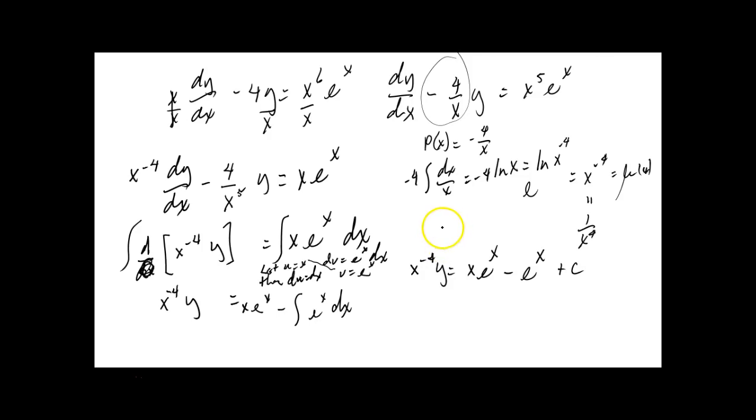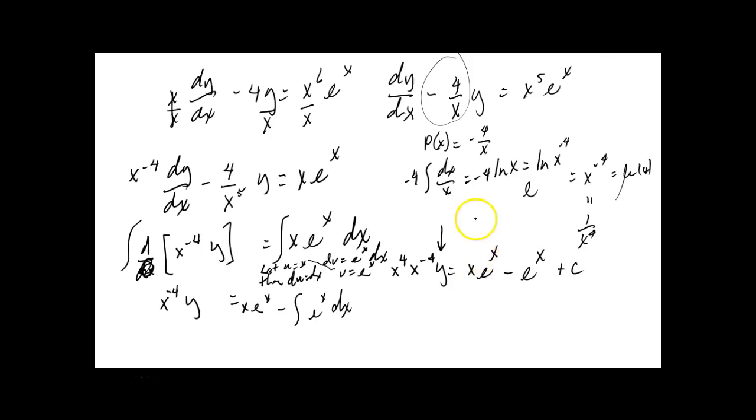What we're trying to do, I was trying to say, is isolate the y. So we divide everything by x. No. Since x is technically on the bottom, we multiply everything by x to the fourth. If you multiply everything by x to the fourth, then x to the fourth times x to the minus fourth is just 1, right? Yes.